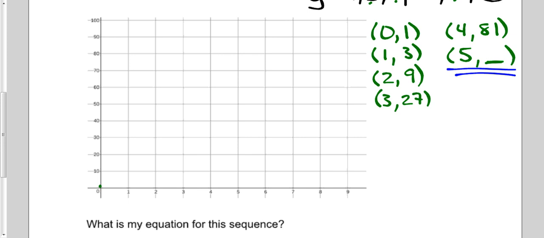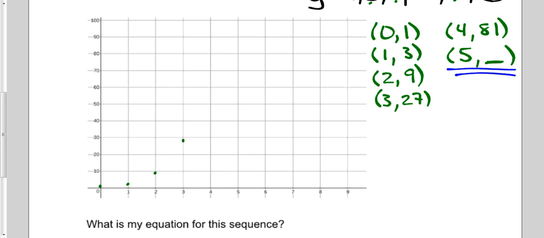Now when x is 1, y equals 3. It's not much higher, maybe right there. And then when x is 2, now I'm getting off the line a little bit. Y is 9. When x is 3, I go all the way up to 27, so right about there.